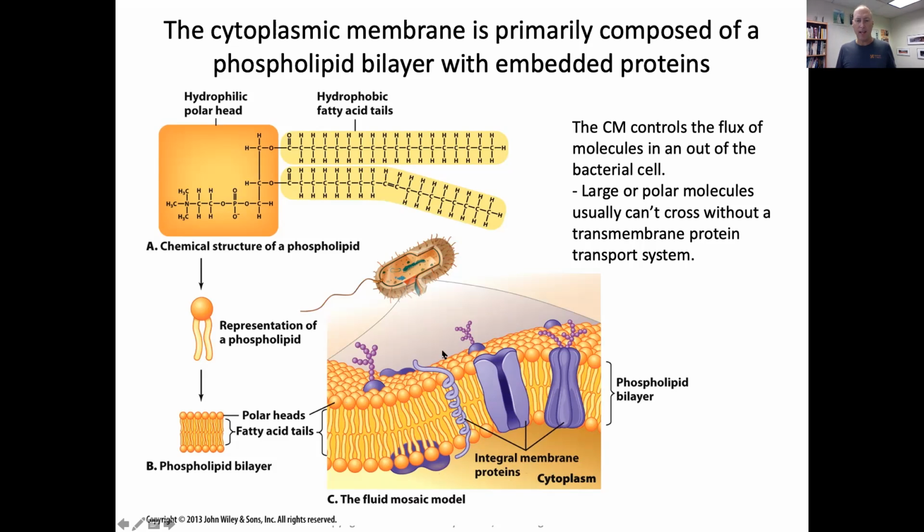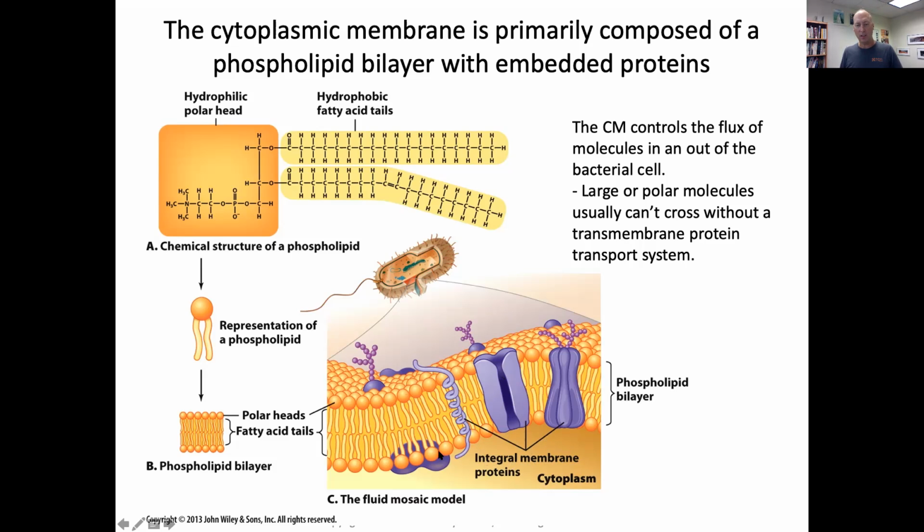So this is a permeability barrier. Small nonpolar molecules can often cross because they can penetrate the hydrophobic interior. Larger molecules or charged molecules typically can't get across without assistance of a protein-based channel, some sort of transport system.